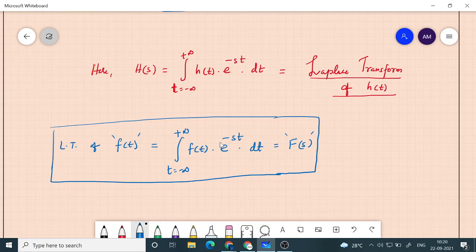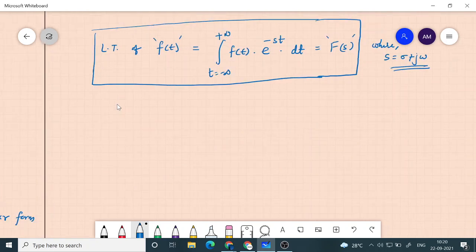This is the Laplace transform. How do you get it? Perform this mathematical operation. You multiply it with e raised to minus st and then integrate it from t going from minus infinity to plus infinity. This is all you have to do, where s is your sigma plus j omega.